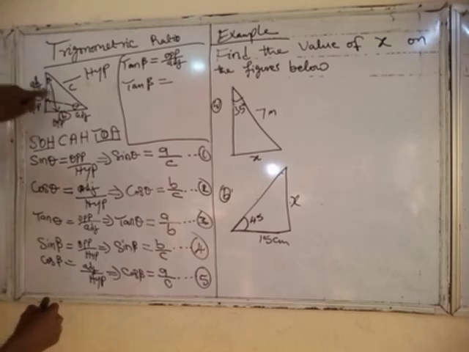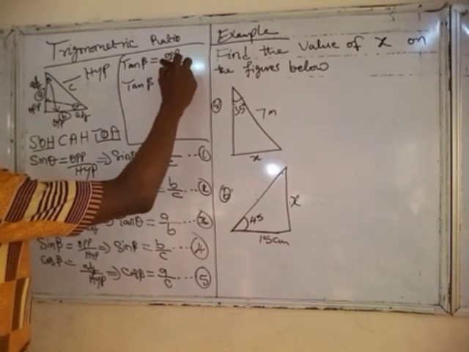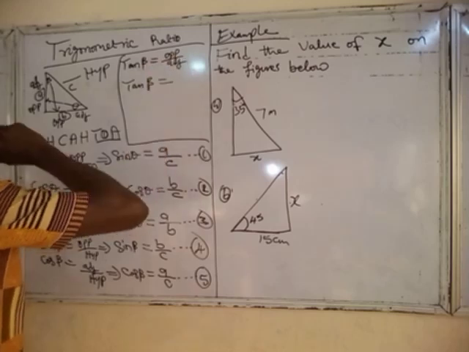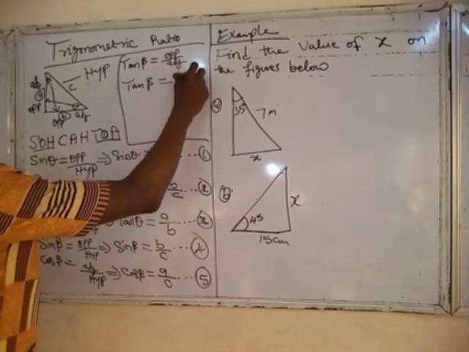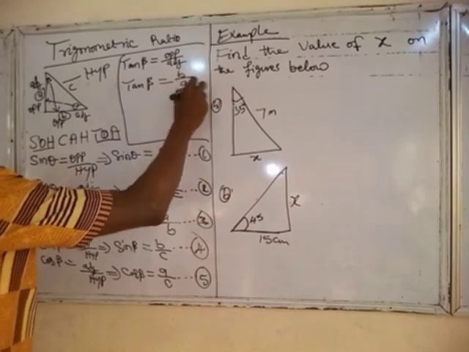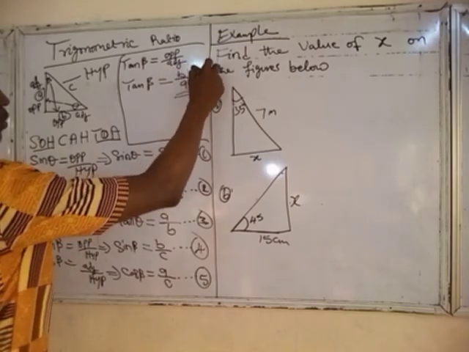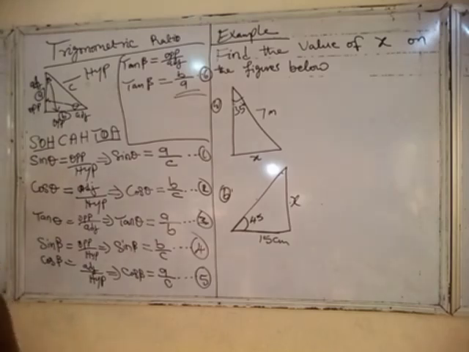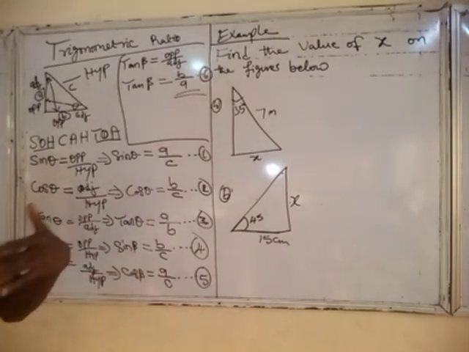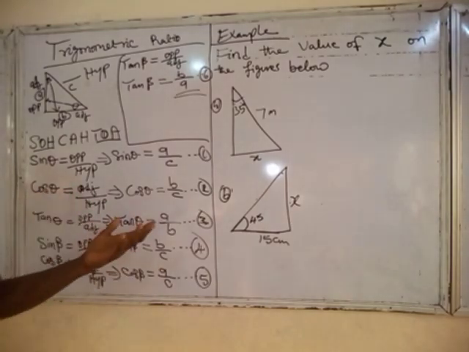Beta is opposite to B and adjacent to A. So this is going to give us B over A. So this is the sixth ratio. So this is how they are formed. You can pause the video, replay to understand the concept.